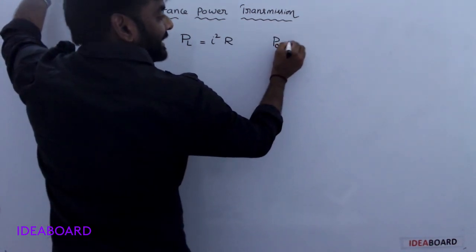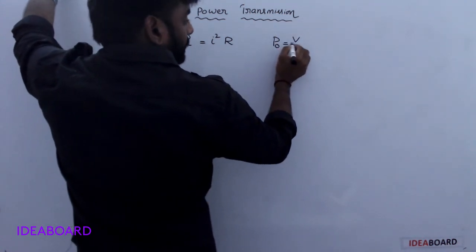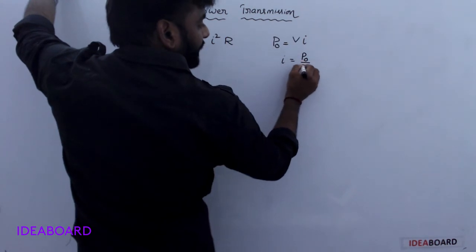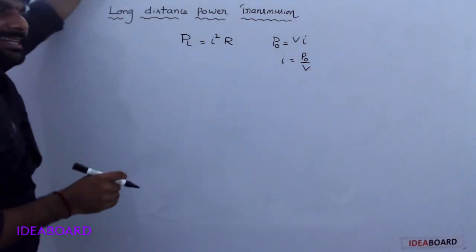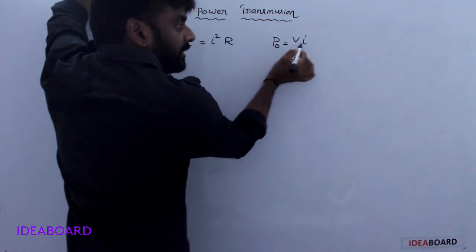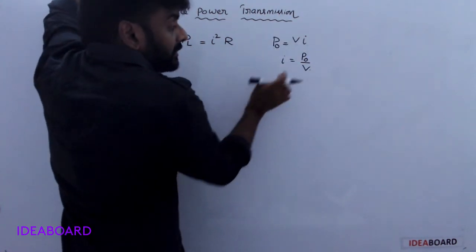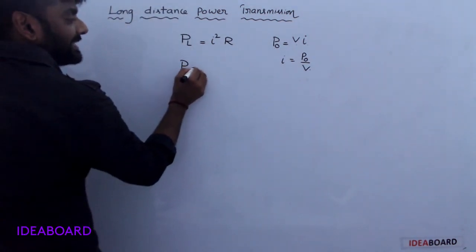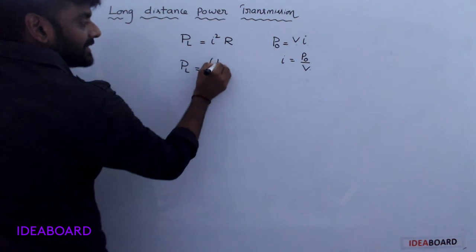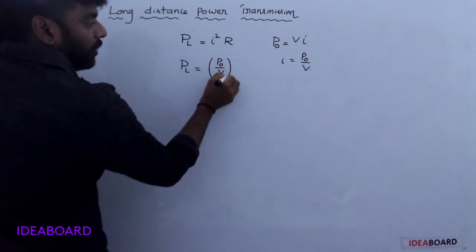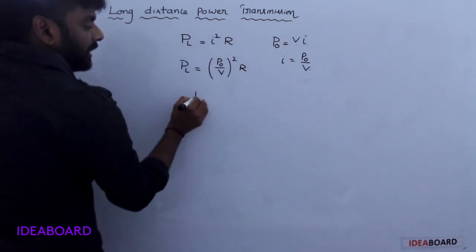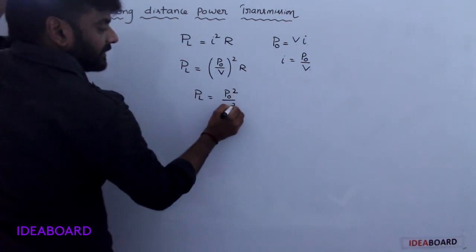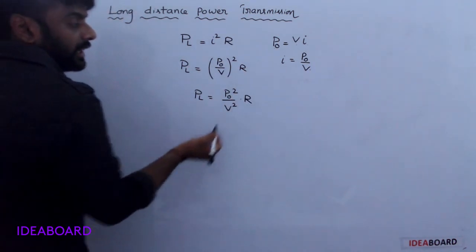I is equal to P naught by V, since output power is voltage into current. So loss of power is P naught by V whole square into R, that is P L equals P naught square by V square into R.